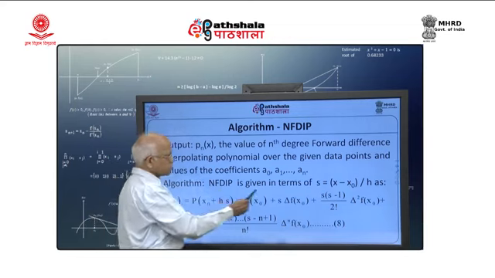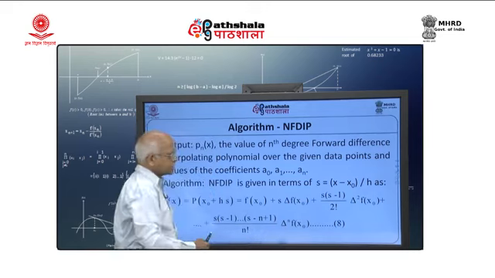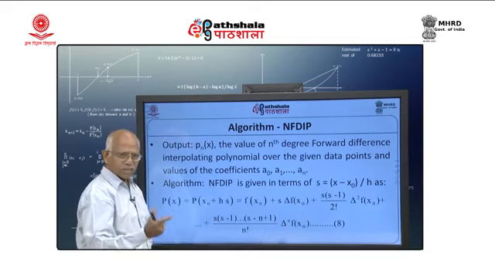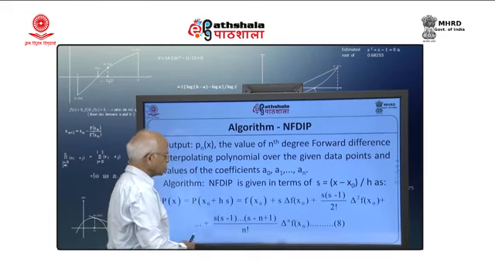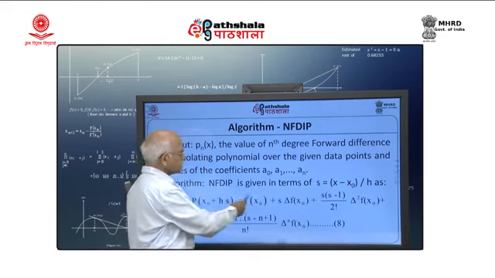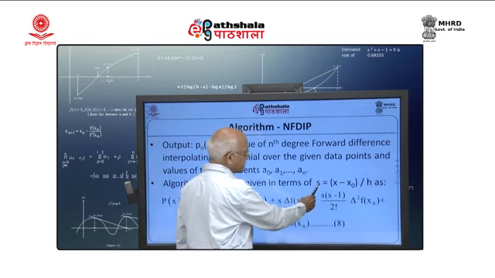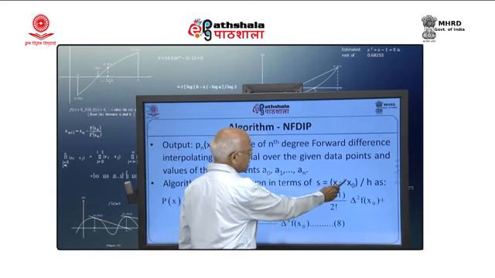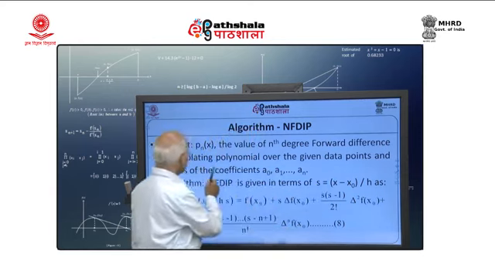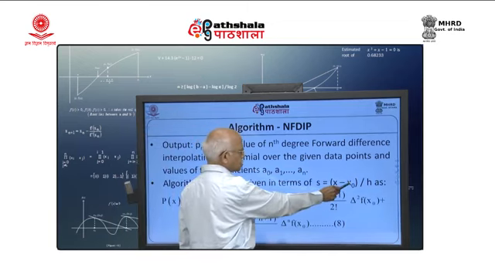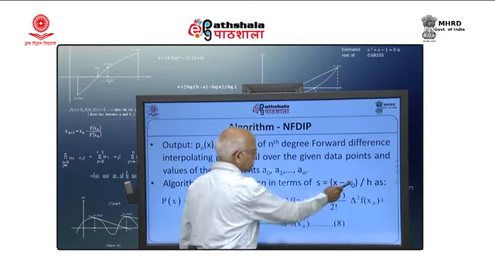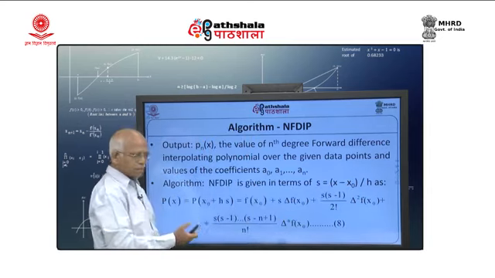Now, if you remember, in the previous module we gave the concise form of this interpolating polynomial, and that is given in terms of the value s, which is computed as x minus x 0 divided by h. x is the value given as input, x 0 is your first observed value of x, and h is the step size.